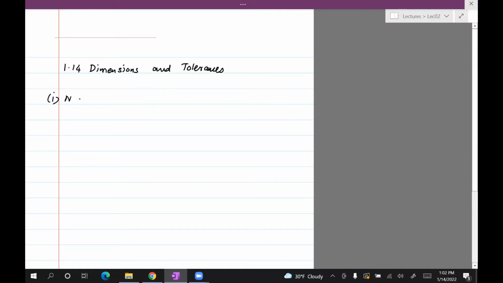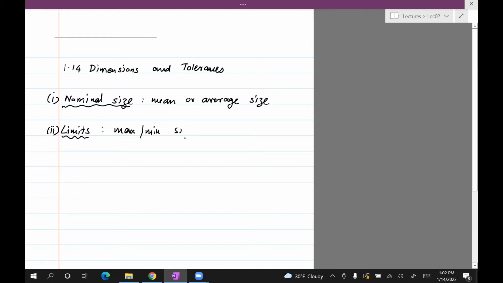So we have something called the nominal size, which is the mean or the average size. Then we have the limits, which would be, in this case, the maximum or the minimum size.